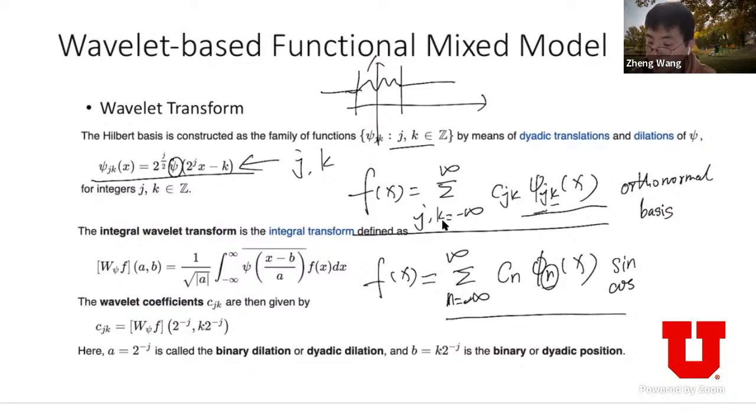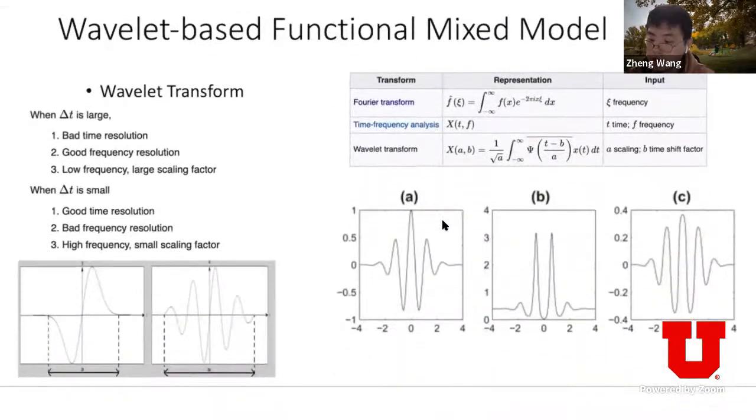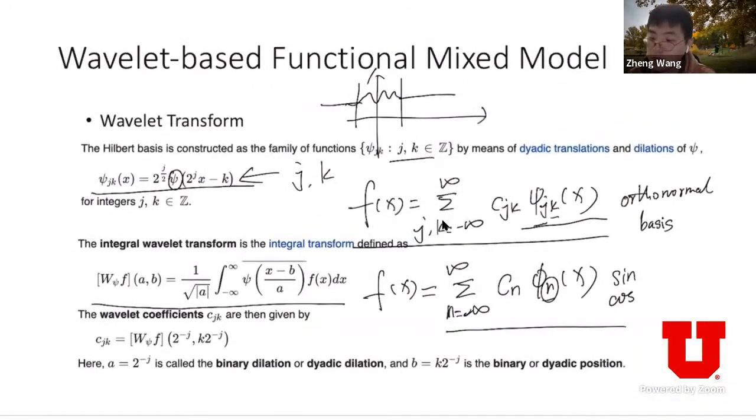And in wavelet transform, the coefficient is calculated by using this kind of integration here. And similar to the discrete Fourier transform, we can also have discrete wavelet transform by discretizing the frequency domain and the time domain.